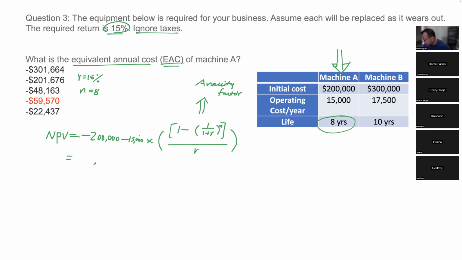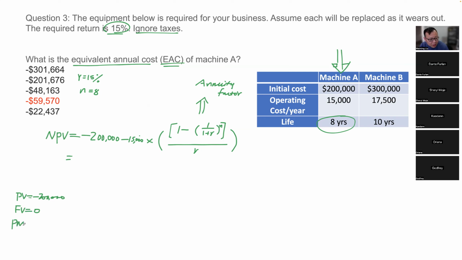And tell me once you have a result, okay? So when you have this calculation, you can also use the present value as negative 200,000. Future value, so that's gonna be 0.